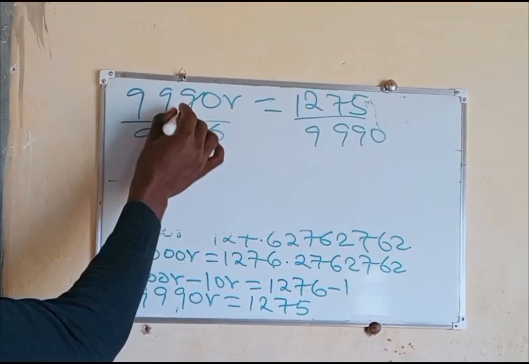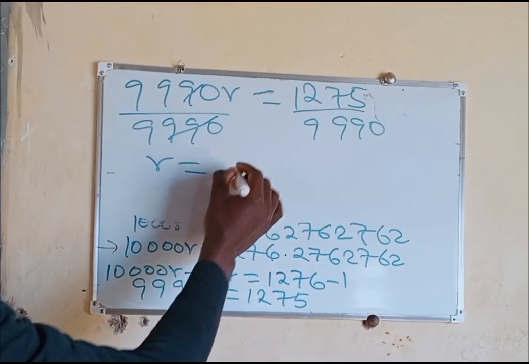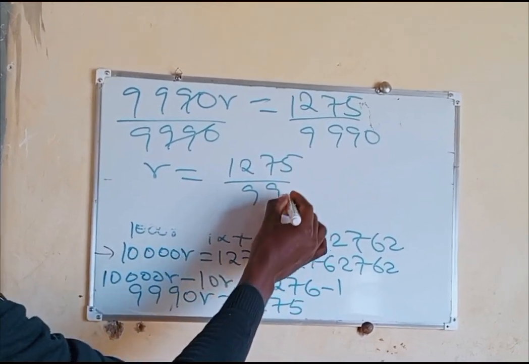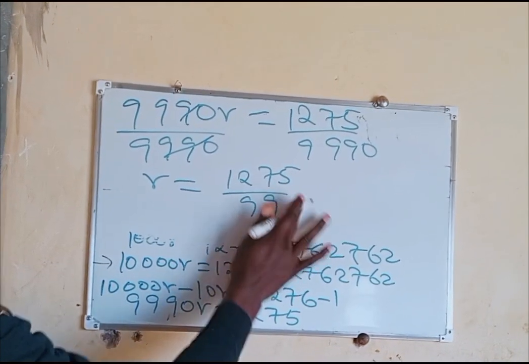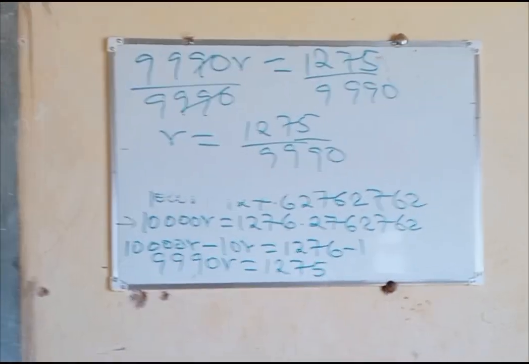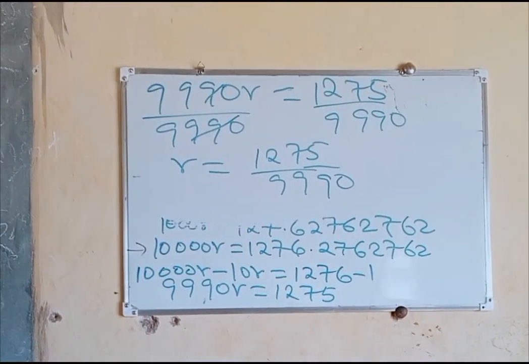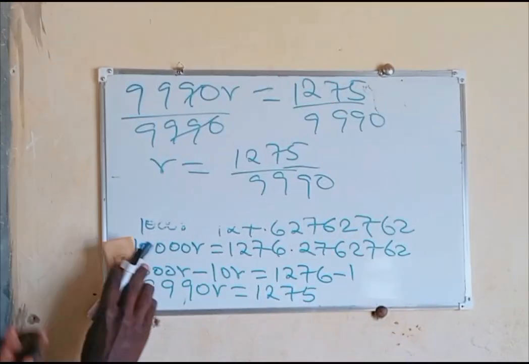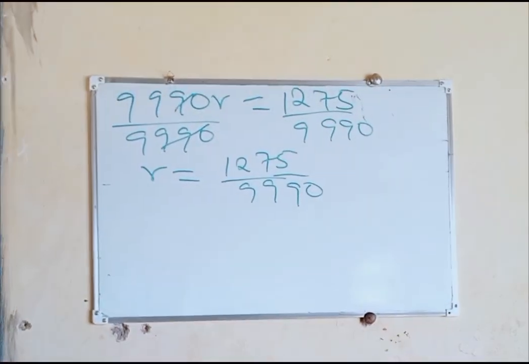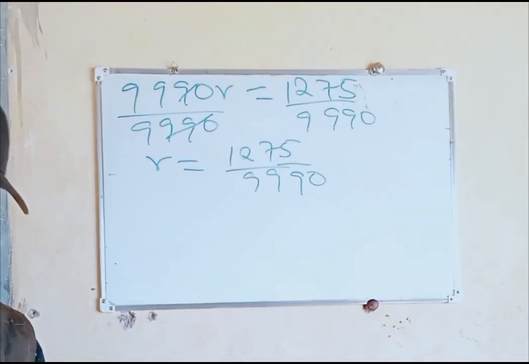Of course, this side we have R alone, but the other side we have 1275 over 9,990. Not yet at the solution stage, because you realize that all fractions must be simplified. So we begin the journey of simplifying this fraction.